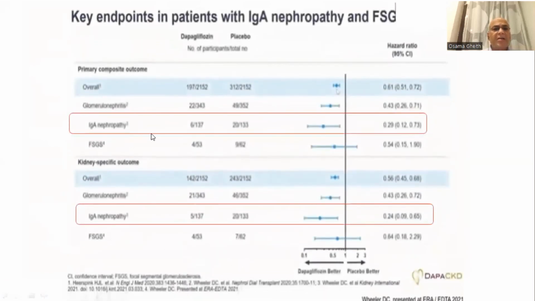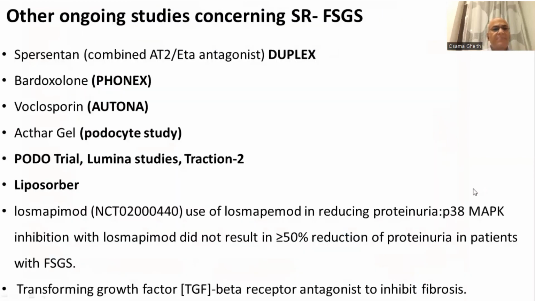Again, this study found that the effect of SGLT2 inhibitors was better in IgA nephropathy compared to FSGS. There are other studies ongoing now, including sparsentan, bardoxolone, voclosporin, and other agents that we hope will improve the outcome of such patients.